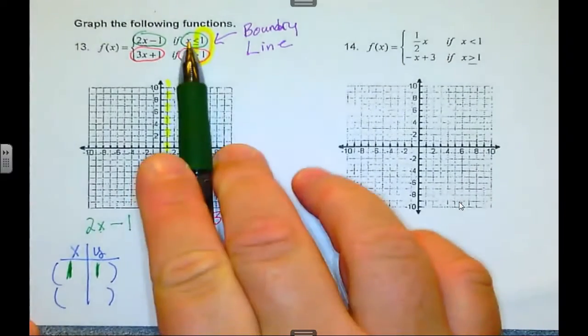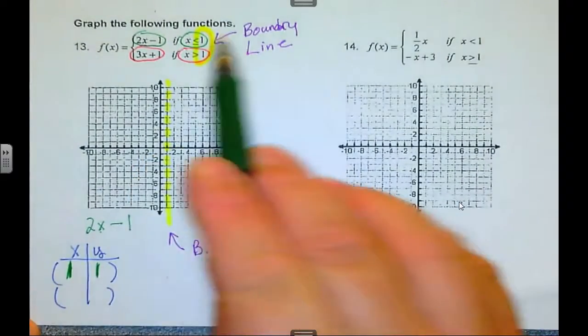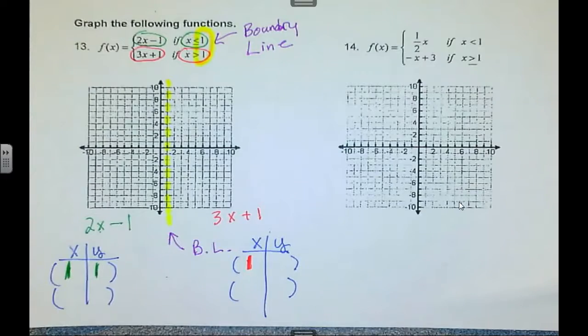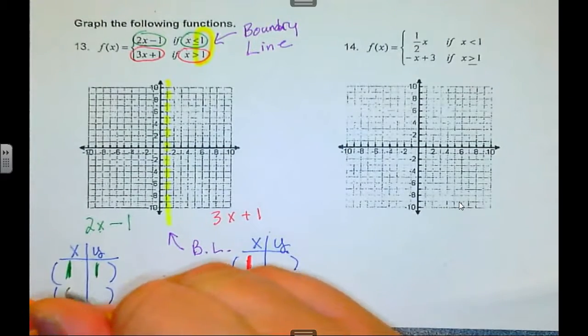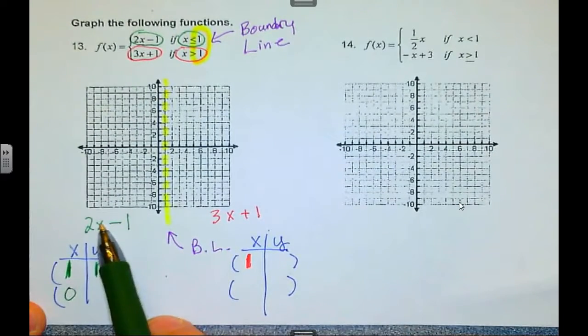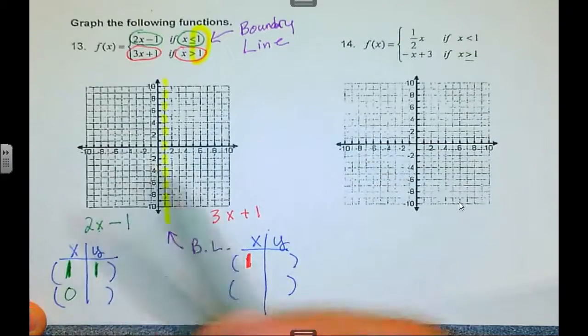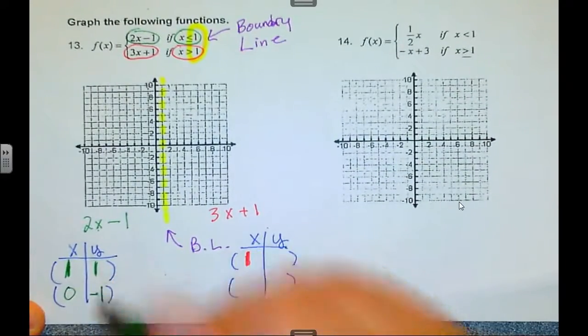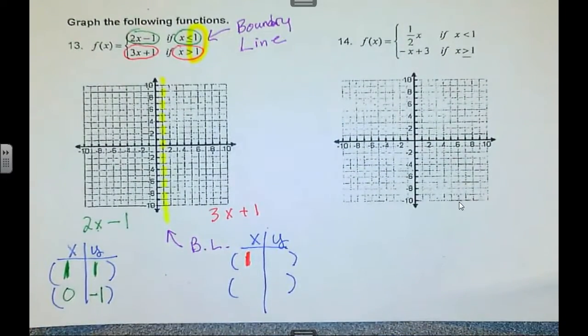Now, this is less than or equal to 1. We did the 1. Give me a number less than 1. How about 0? That would be easy. Let's choose 0. 0 times 2 is 0. 0 minus 1 is negative 1. Now, I'm going to look for open and closed points, just like we did back in Algebra 1, where you put an open circle or a closed circle.